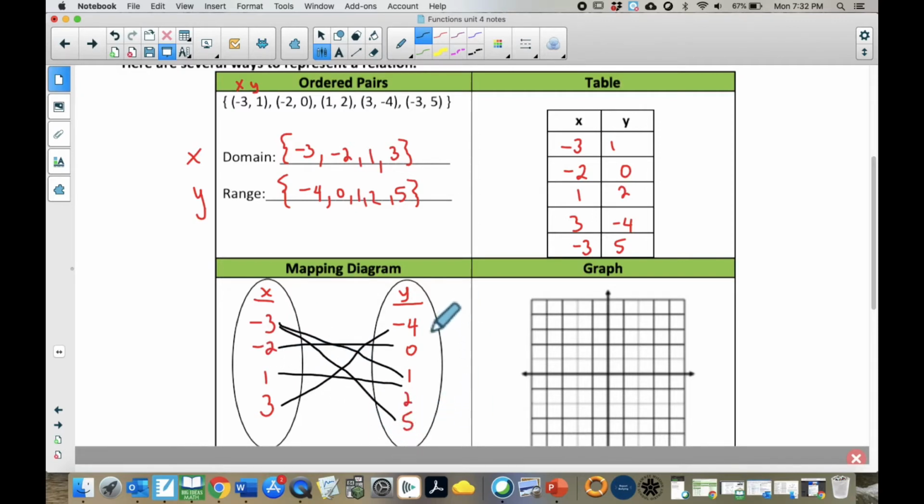And so I draw a line and I match them up. So, I just went point by point. The -3 goes with the 1, but the -3 also goes with the 5, right? Because we had one of them here and we had one of them here. So I had to do that.